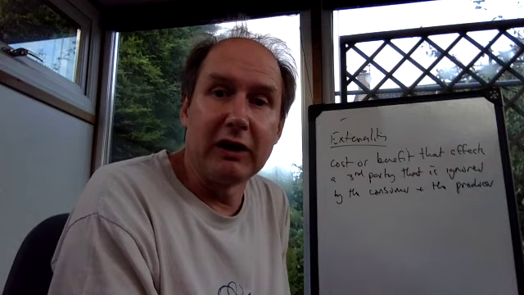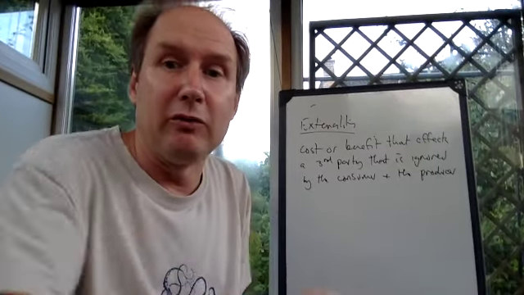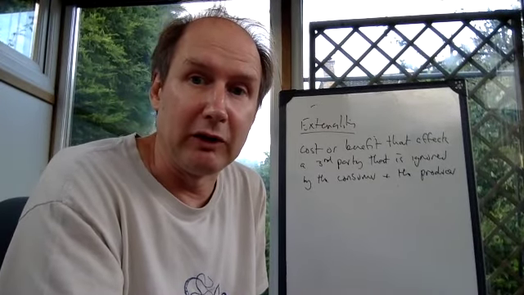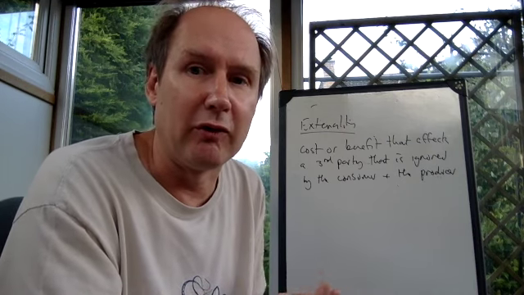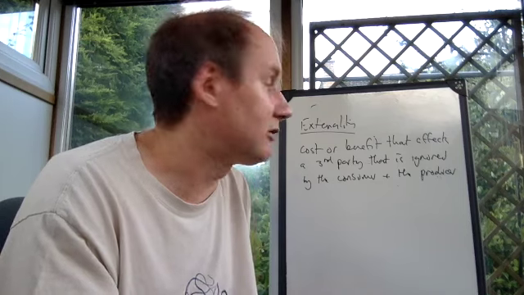And because of that, what's going to happen is that the equilibrium output will be either too high or too low, relative to what would be socially desirable, because we're not taking all of the costs or benefits into account.